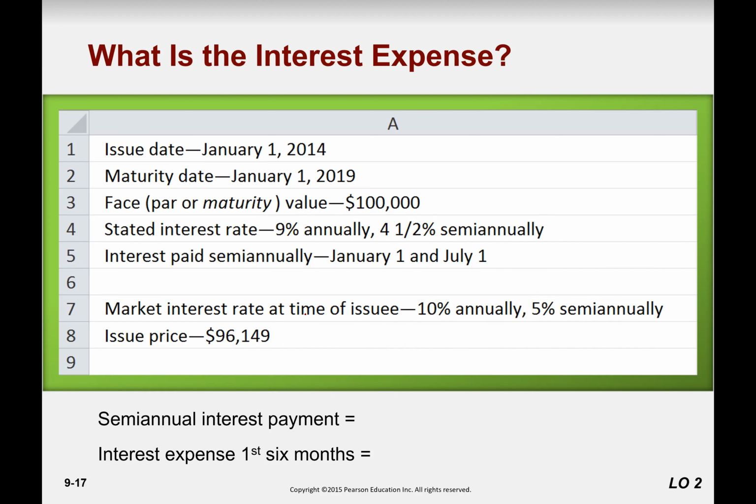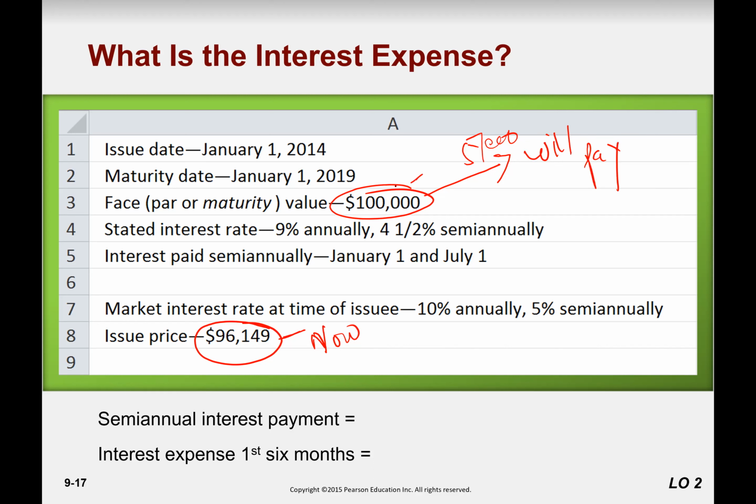Due to this abnormality, we are receiving 96,149 now, but we will pay 100,000 after 5 years. So there is a difference between interest payments and interest expenses.